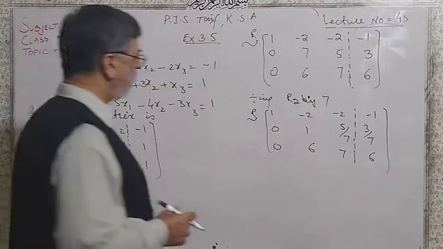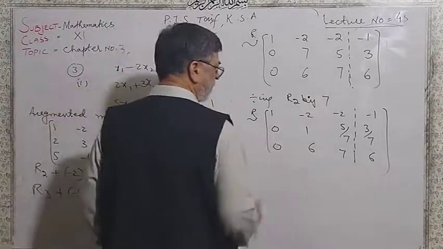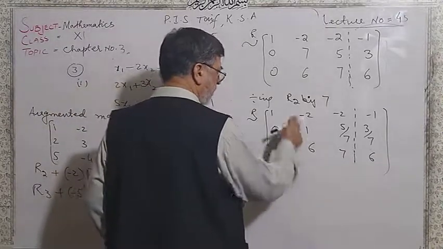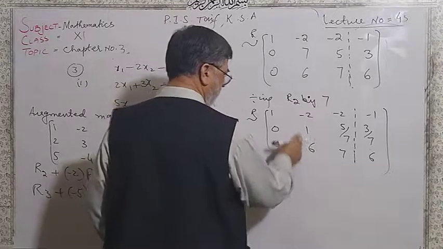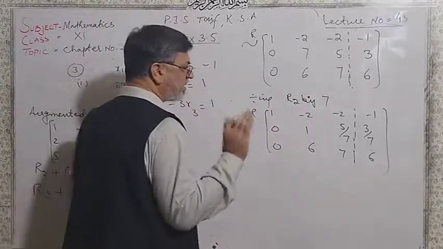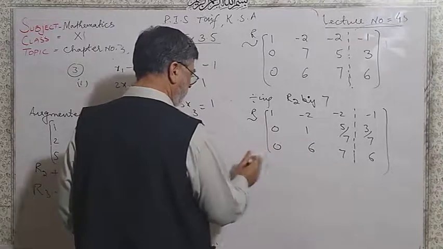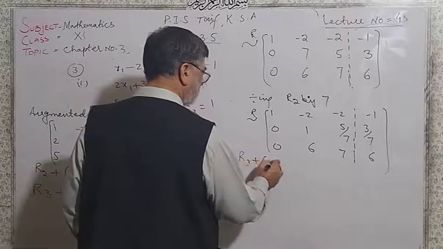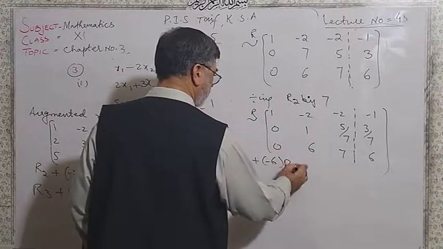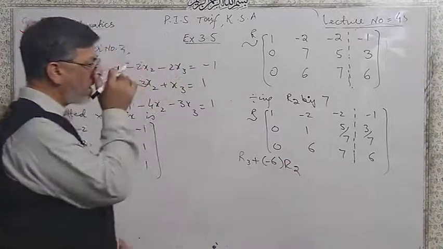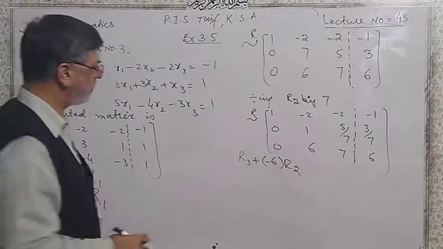Okay. So here we have 1. You have to make this 0 below. For reduced echelon form, you have to make 0. So R3 plus minus 6 into R2.